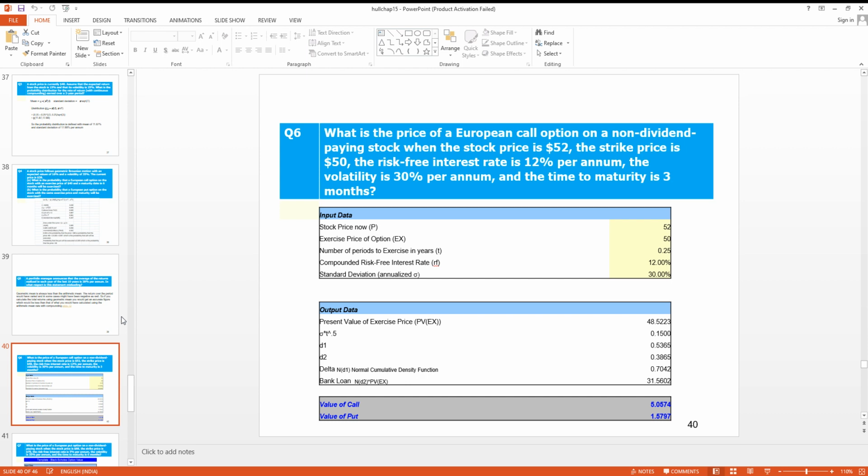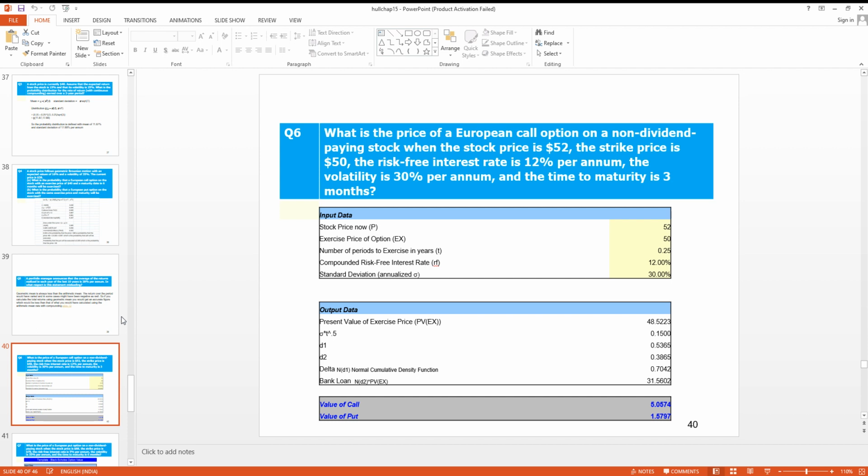So for the value of a call, you plug into the Black Scholes model: log normal of S by K plus (R plus sigma square by 2) times T, divided by sigma square root of T. You should get the value of D1 and then D2, and using those you can plug it into the Black Scholes equation.